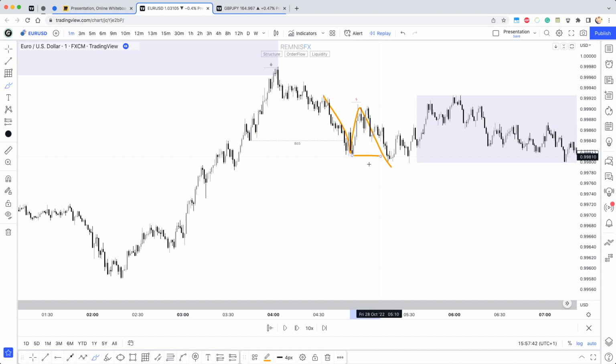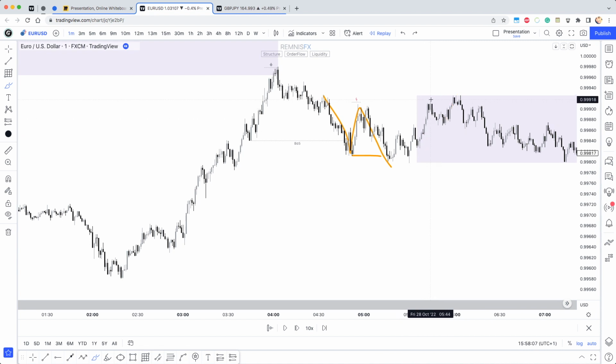Price broke below this and then came back here and then started to move to the downside again after it took out the inducement here. Okay, so you could have also entered from here and probably you would have got stopped out, but that's okay because it's all in your strategy, right?